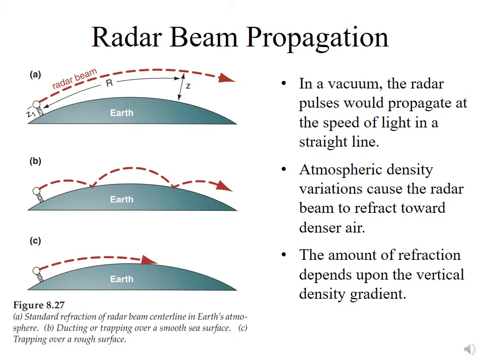You would have, of course, a very strong return signal at each point where the radar beam hits the ground. So we like to think that the radar beam does the standard propagation, which is shown in A, but there are some atmospheric conditions when you can have anomalous propagation that would obviously impact the ability of the radar to do its job, but would also potentially lead to erroneous interpretations if you don't understand what's actually going on with the radar beam itself.